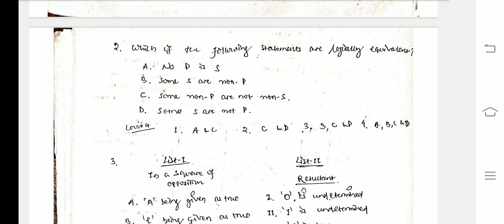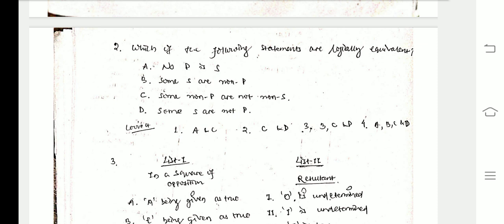Some S is on the left, the S minus intersection part, which are some S and non-P.